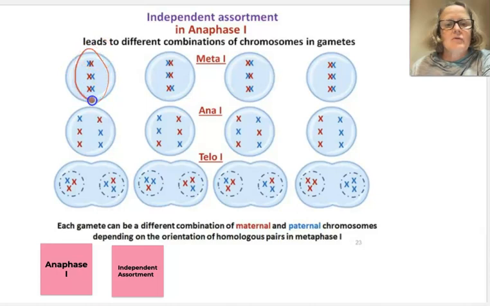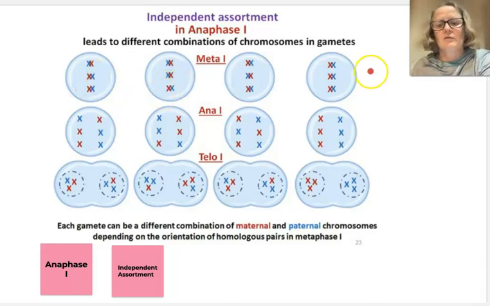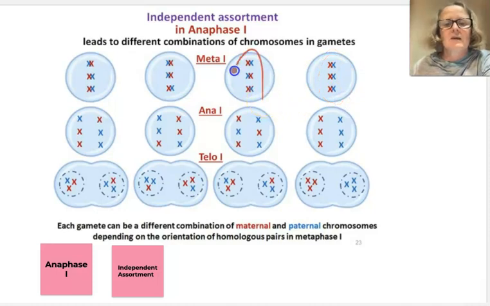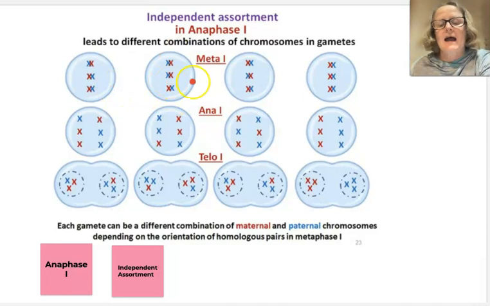In this example, we've got a blue on the left and a red on the right, and then red chromosomes here on the left and blue on the right. Now we can get all sorts of different combinations. If we look over here, we've got all the reds on the left and all the blues on the right, and here we've got the middle blue over on the left, and here we've got the top 2 chromosomes have got their blue on the left. So there are 4 options for how you can arrange the pairs. Do we arrange them like this, or do we swap them over like that? And that's completely at random.